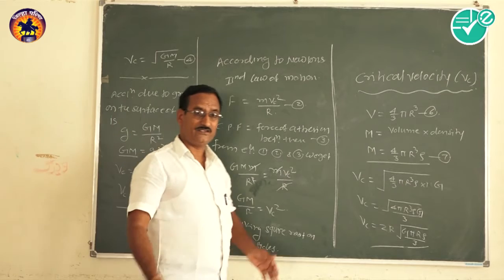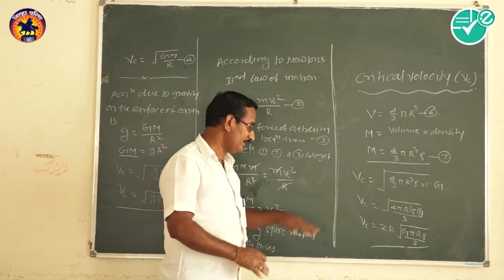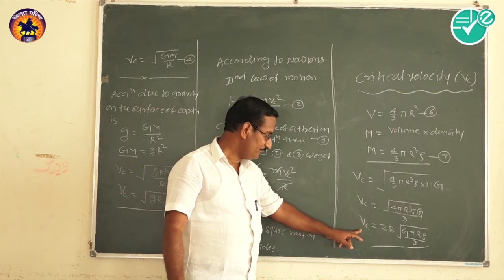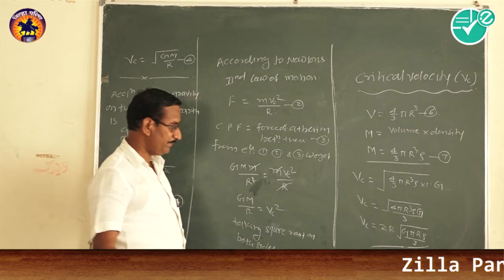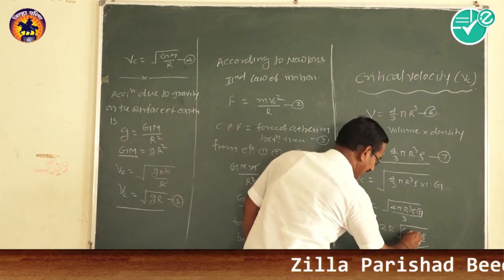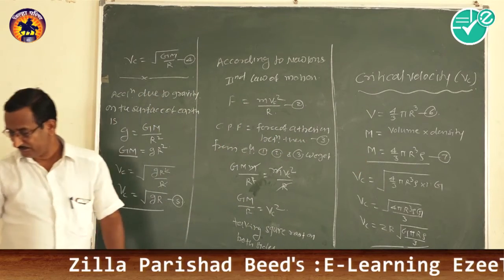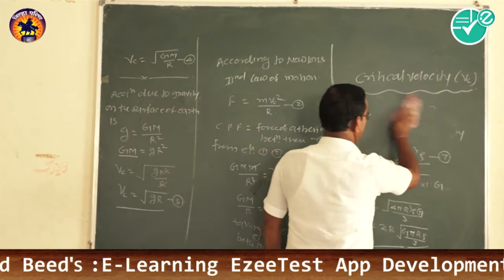And for the effect of density of Earth, Vc is equal to 2r under root G pi rho upon 3.